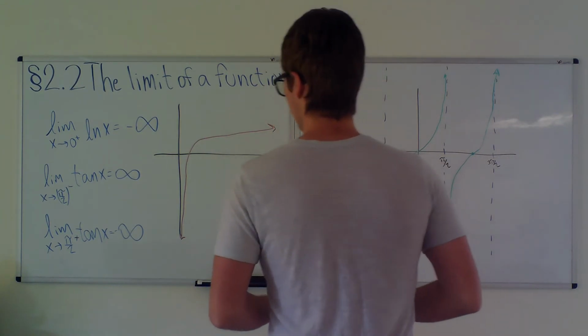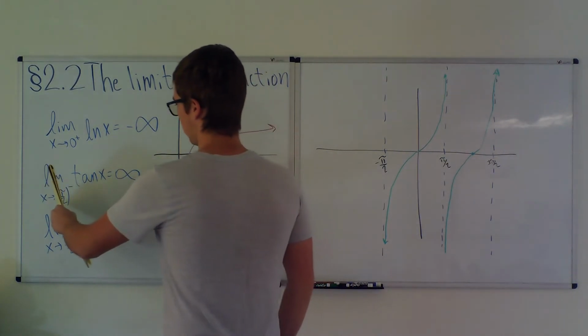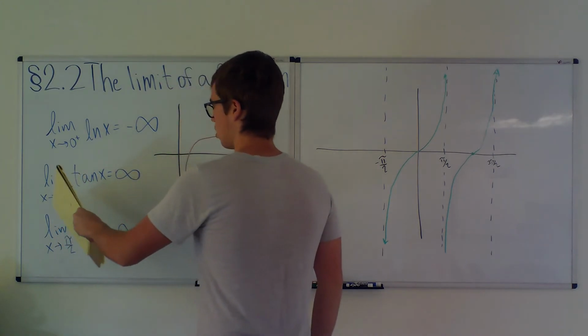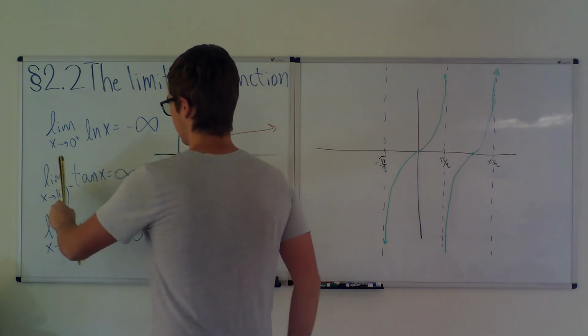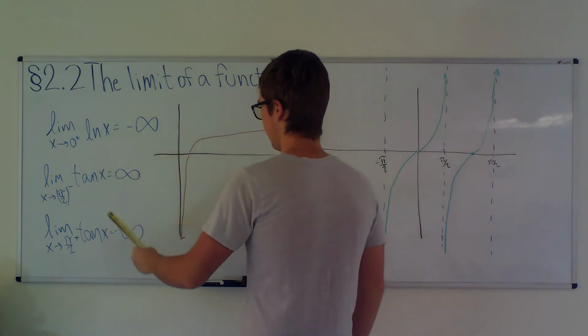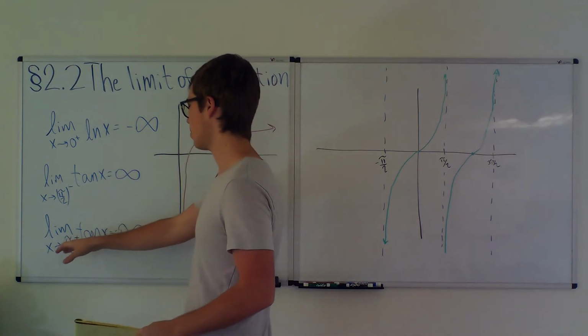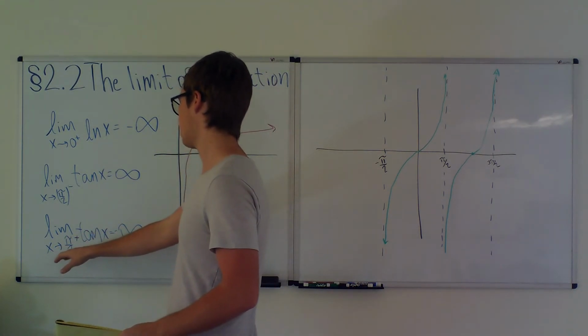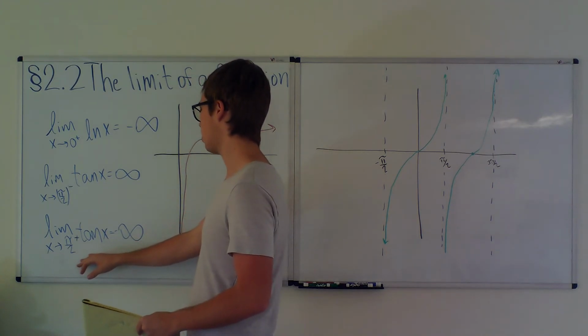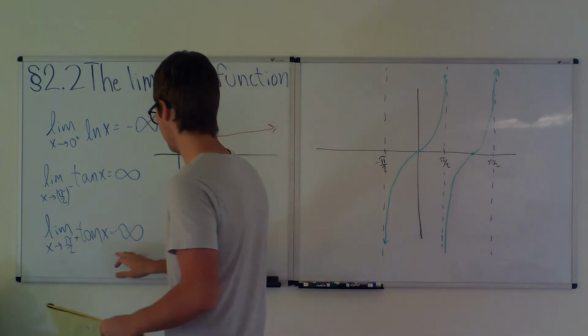Now we have the limit of tan of x as x approaches pi over 2 from the left equals infinity, while the limit of tan of x as x approaches pi over 2 from the right is equal to negative infinity.